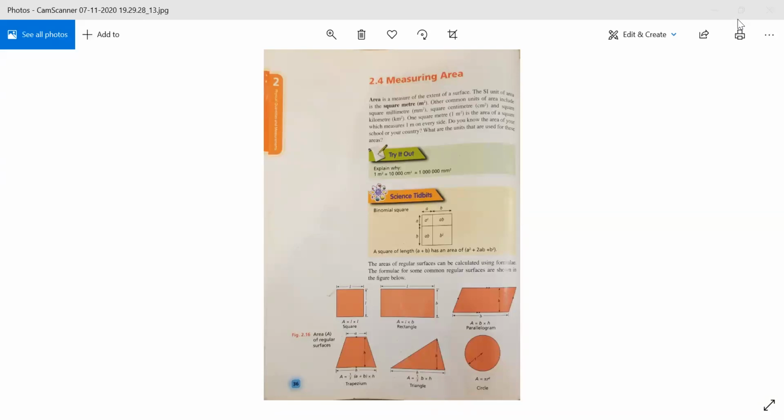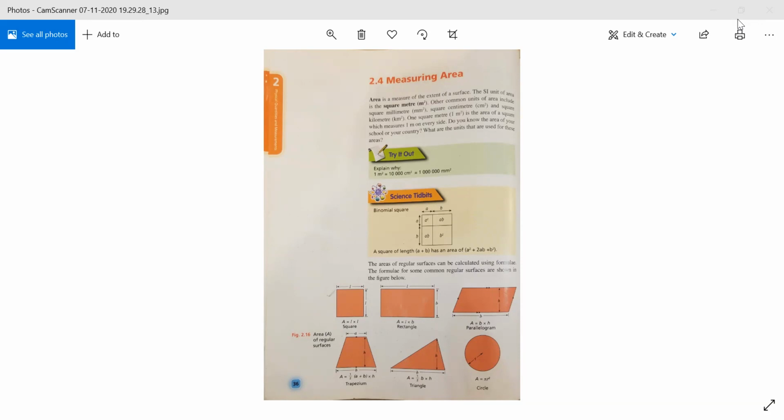There are some other common units as well for measuring area: square millimeter, square centimeter, and square kilometer, through which we can measure the area of any object, any house or anything.